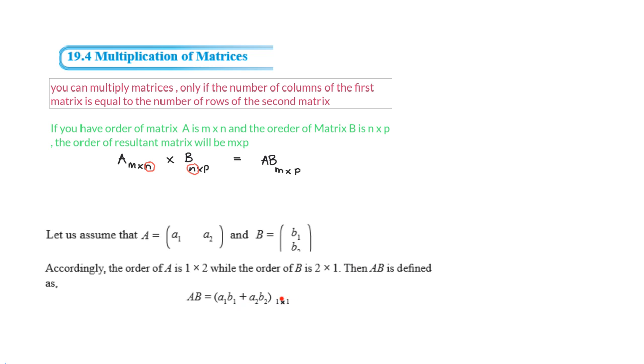Order of the resultant one is 1 by 1. This is 1 by 2 and this is 2 by 1. Here columns equal rows, so we can define AB. That is equal A1B1 plus A2B2. The order of the resultant matrix will be 1 by 1.